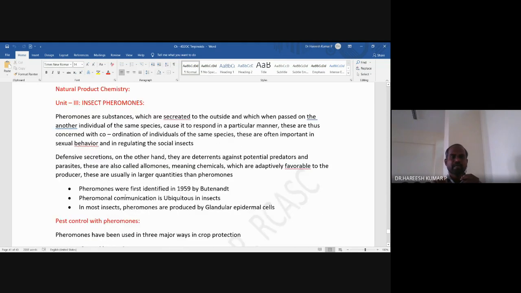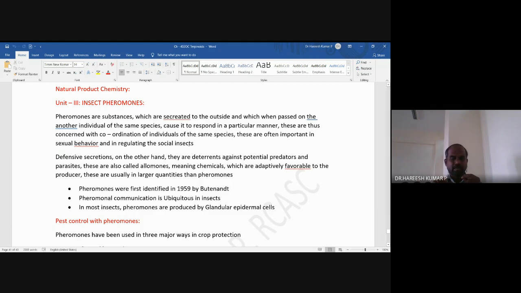So sometimes they will ask what is pheromone and how it is useful in pest control. Otherwise, how the pheromones are useful in pest control. I think you are aware about pest. So pest is any organism which causes damage.